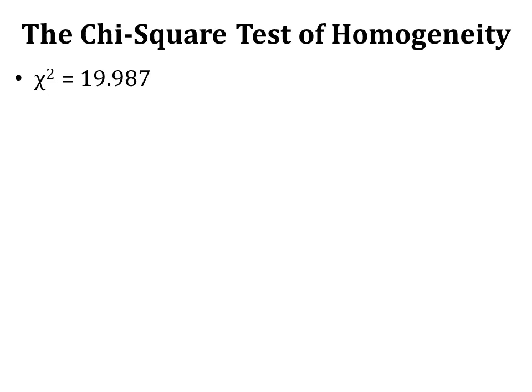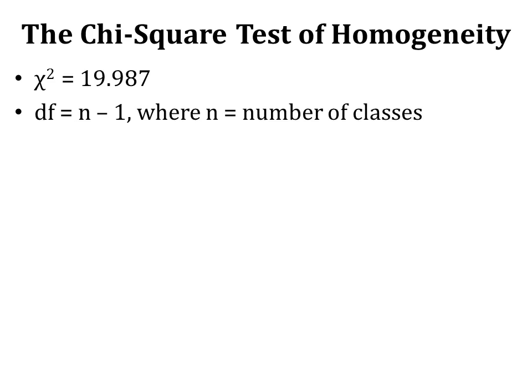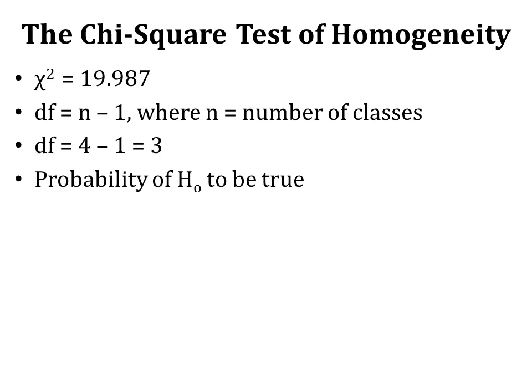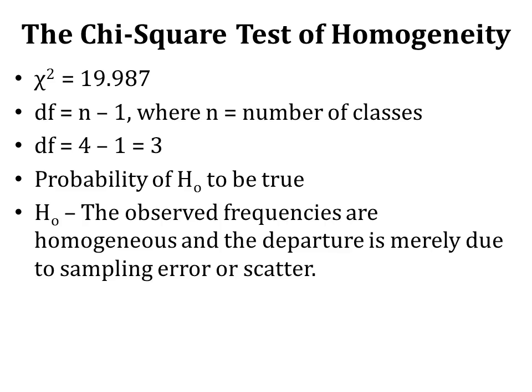So what should be the next step? The next step is to see the degree of freedom, which is n minus 1. N is the number of classes, so the degree of freedom is 3. Then we see the probability of the null hypothesis being true, and for that we compare our calculated value with the table value.